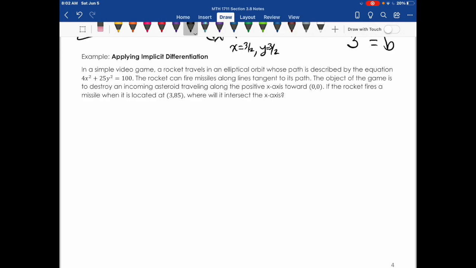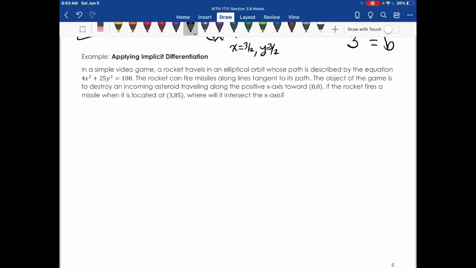Last example, we're going to do an application of implicit differentiation. And so the problem says, in a simple video game, a rocket travels around an elliptical orbit whose path is described by the equation 4x squared plus 25y squared is equal to 100. The rocket can fire missiles along tangent lines to its path.